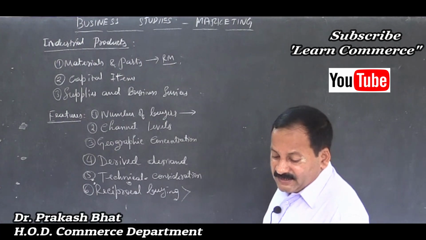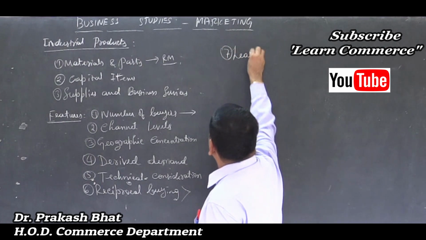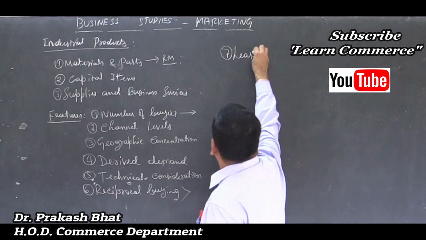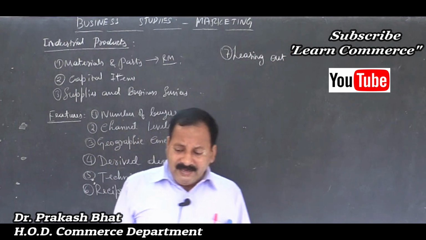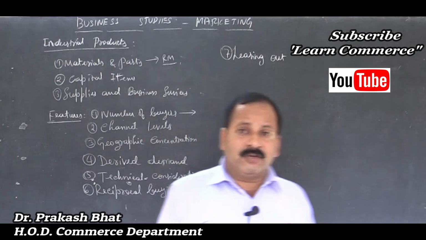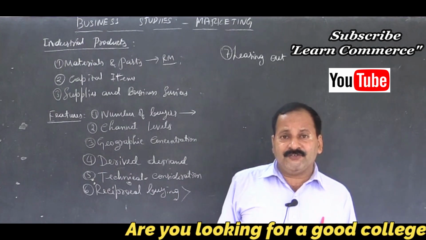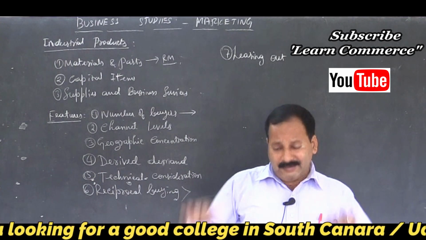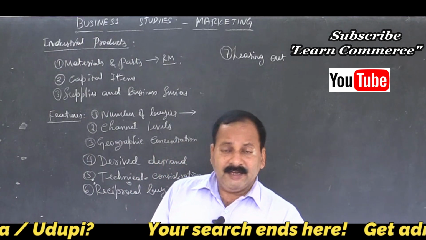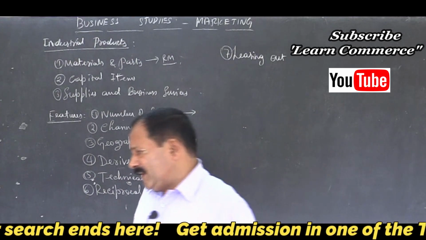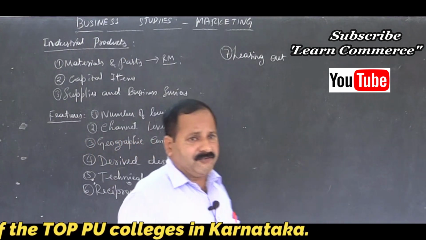The next one is leasing out. The seventh point is leasing out. It is nothing but the work of purchasing raw material being leased out. That is, someone will replenish the stock whenever the quantity of stock decreases in the industry. Nowadays, such an agreement is there, that is a logistics alliance, like Pizza Hut, isn't it?